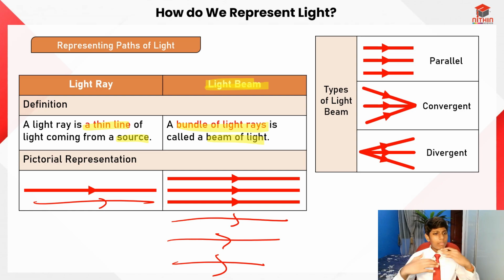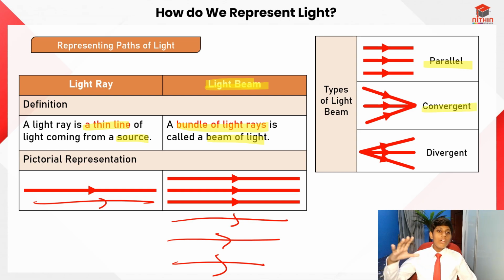And in this light beam itself, there are different types of light beams. Firstly, the parallel light beam, the one over here. Next we have the convergent light beam.